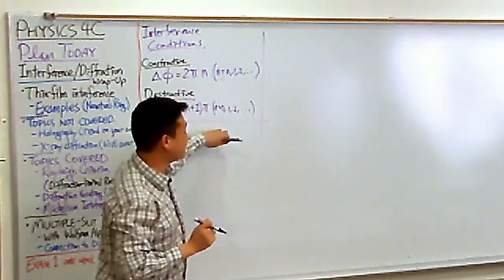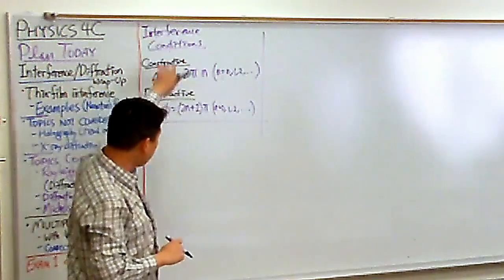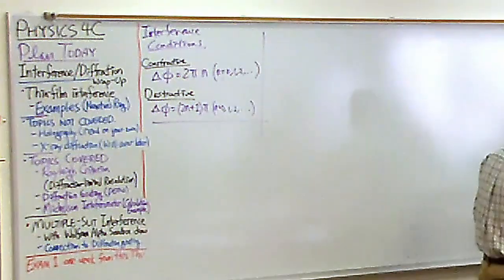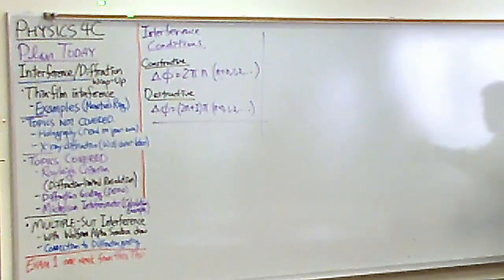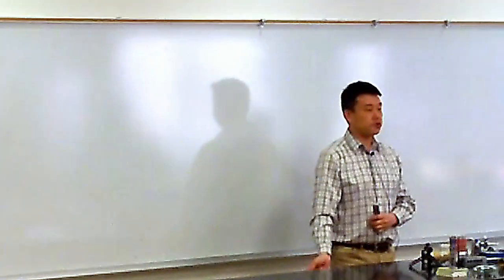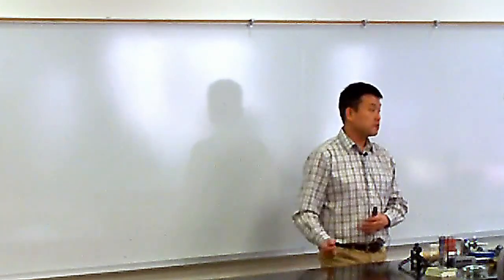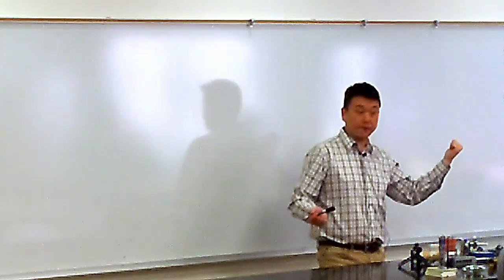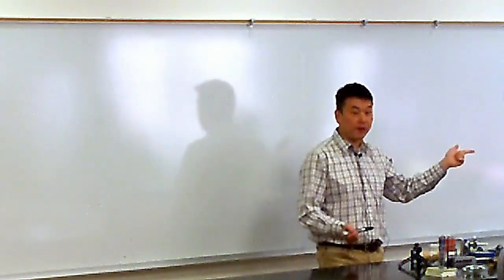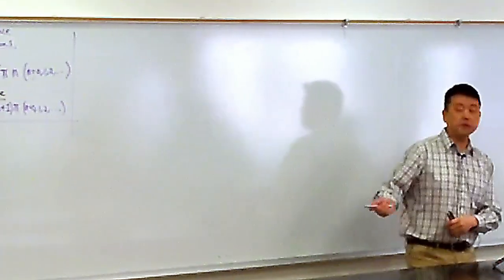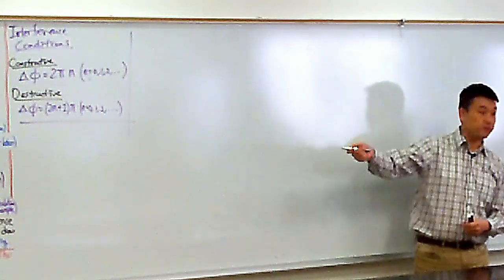I think everyone remembers this. The reason I'm bringing it up again and having it written here is as we analyze these situations, some people have this approach. You want to memorize formulas. So for double slit, you want to memorize some formulas. For single slit diffraction, you want to memorize some formulas. And I'm telling you that it's going to be so much easier if you focus on the phase difference.